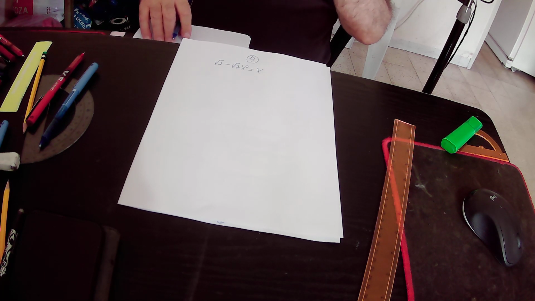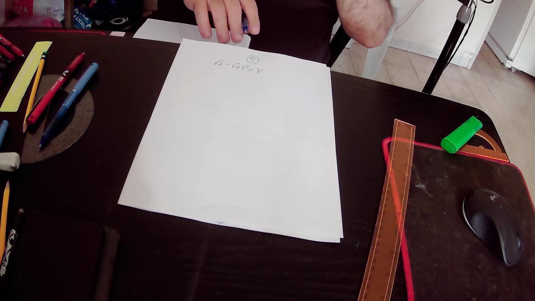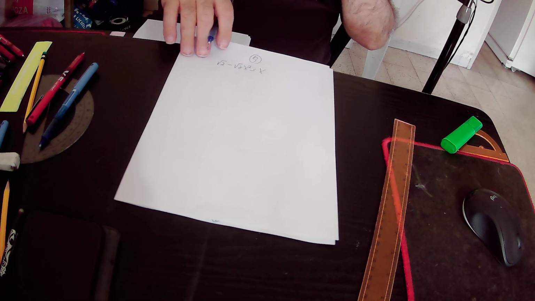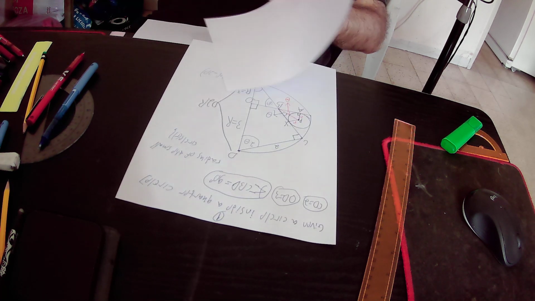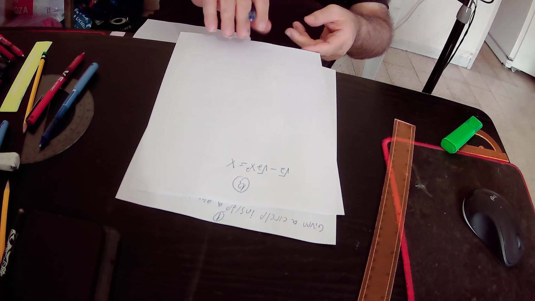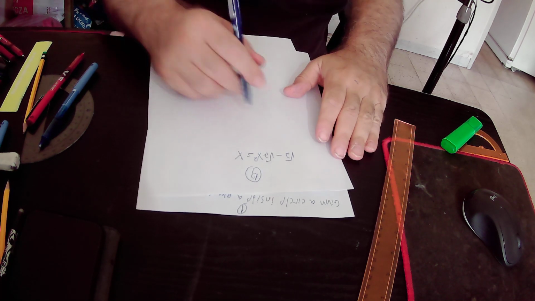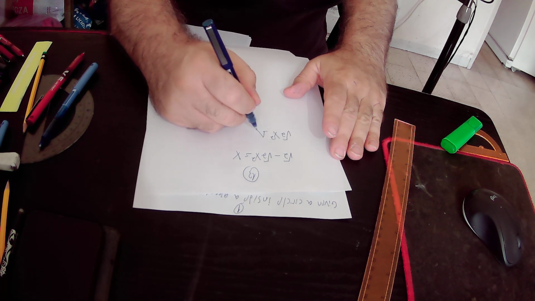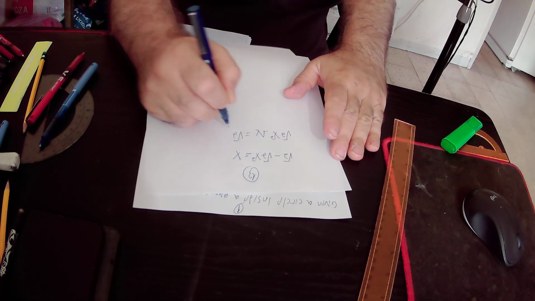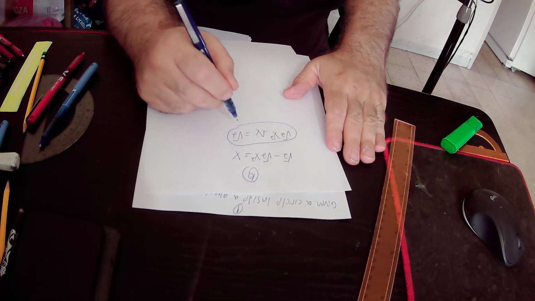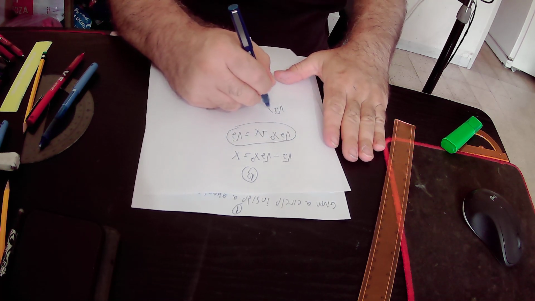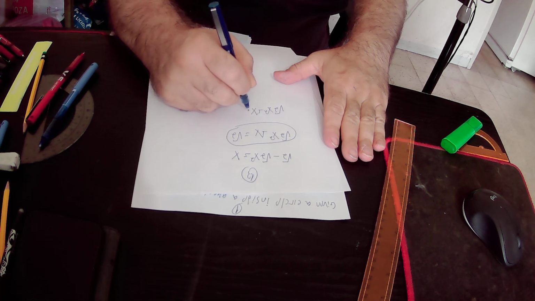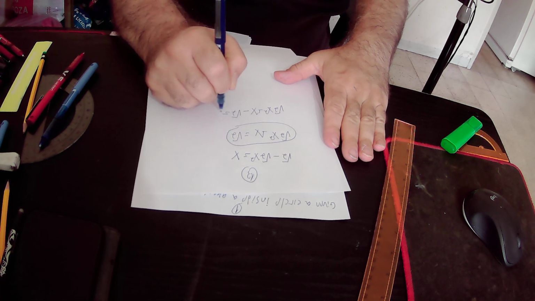Here we will add root 2 x squared to this equality, and we will get that root 2 x squared plus x equals root 2. Here we will subtract root 2 from this equality, and we will get that root 2 x squared plus x minus root 2 equals 0.